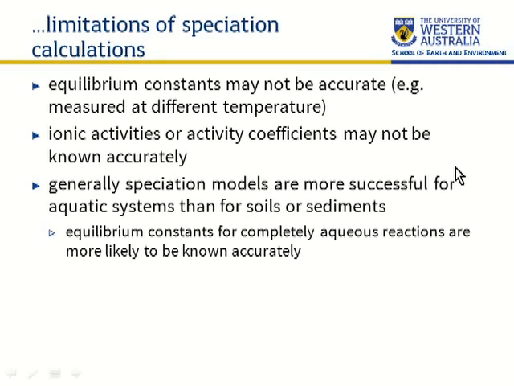What we generally see is that speciation models tend to be more successful for purely aquatic systems, so just where we have a solution that's not in contact with solids or not influenced by solids, compared with one that is, for example, the pore water of soils or sediments. And that's partly a function of having fewer reactions, and therefore we're more likely to know all the equilibrium constants for the relevant reactions.